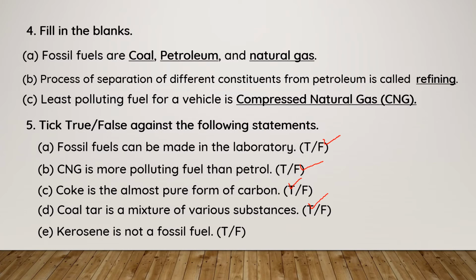Last one, kerosene is not a fossil fuel. The statement is false because kerosene is a fossil fuel, that is a constituent of petroleum, that is a petroleum product. Okay, so that statement is also false. So this also you can do in your textbook.